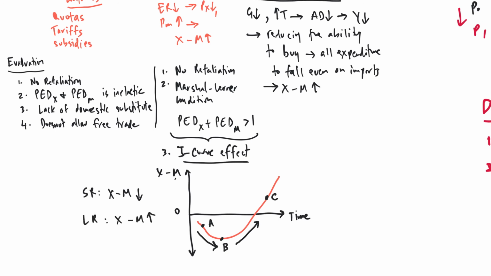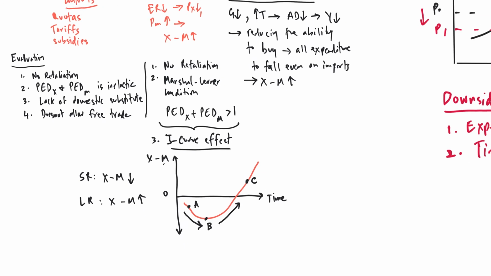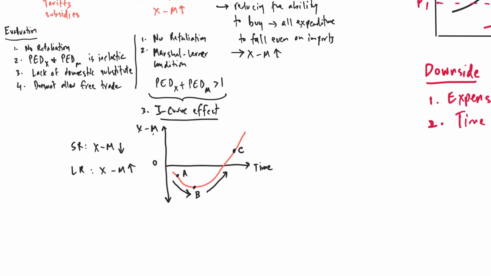So what we are trying to say in the J-curve effect is that devaluation works not in the short run but in the long run. And the key reason why this happens has to do with elasticity as well. Goods in the short run are inelastic. So both exports and imports are inelastic in the short run, for many reasons.